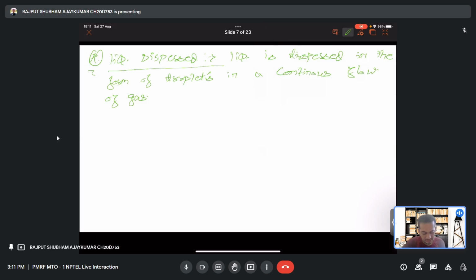Okay, so these are two different gas liquid systems that we have seen, and similarly the design has to be taken care of.